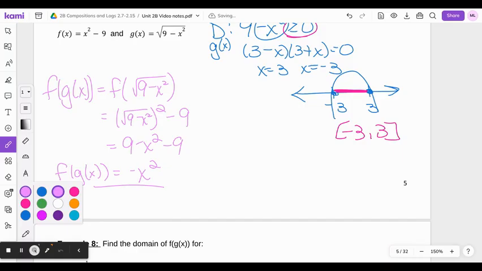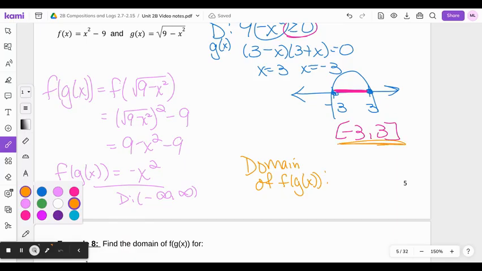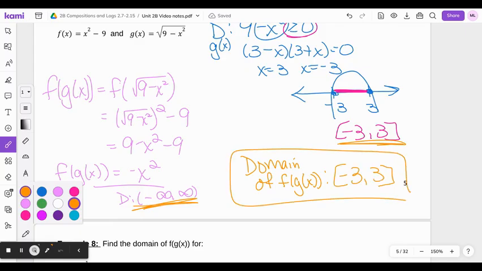So it's a negative x squared, which has a domain of negative infinity to infinity. Then the domain of f of g of x would be the combination, what is overlapping between the two, and that would simply be from -3 to 3.